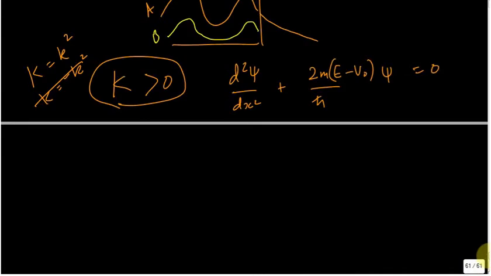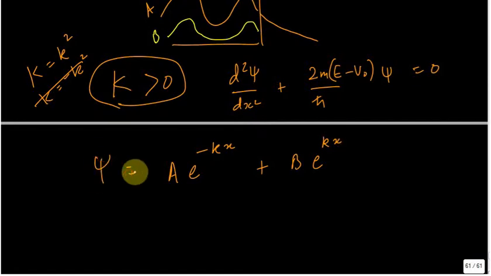So in general, the solutions would be a e to the power minus kx plus b e to the power positive kx. Okay, and you have to interpret that physically. So the psi in this case would be exactly a subset of k less than 0 that you see.